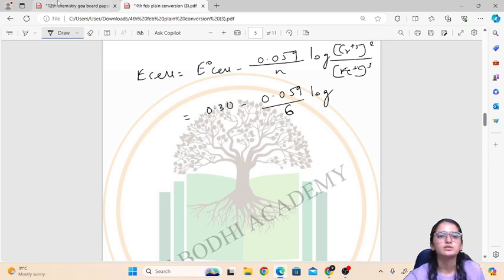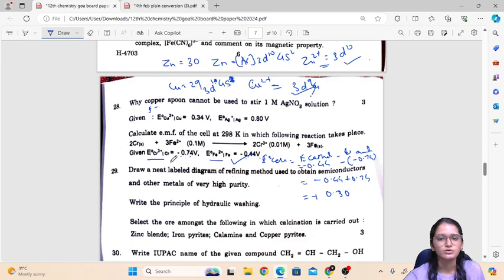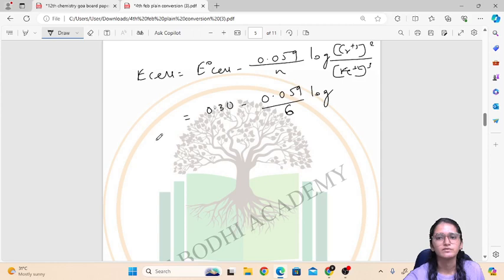Fe plus 2 is 0.1 molar and Cr plus 3 is 0.01 molar. So 0.01 raised to 2 and 0.1 raised to 3.